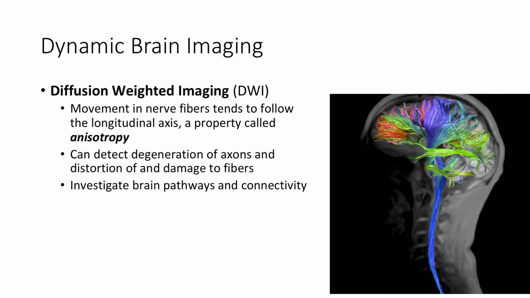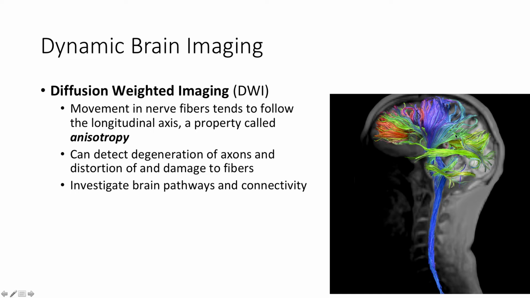Technically, this restricted movement of water molecules along the longitudinal axis of fibers is what we call anisotropy. So we can use this method to investigate brain pathways and also connectivity.